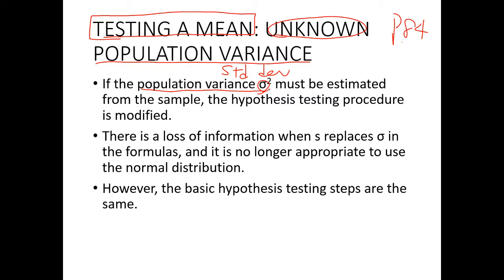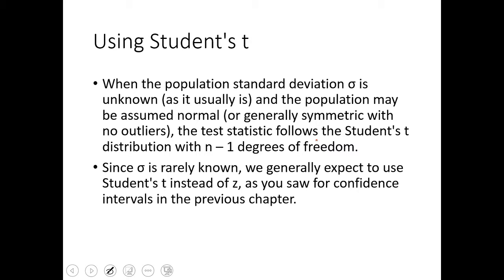In more than 90% of cases, we don't have the population standard deviation. So we have to use the sample standard deviation instead, and we have to use the student t distribution as we studied in the confidence interval.